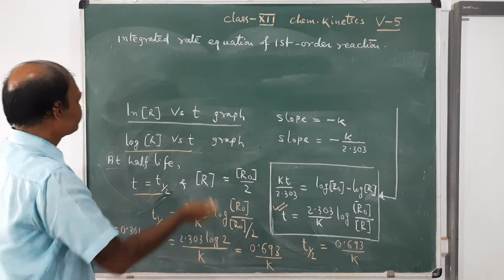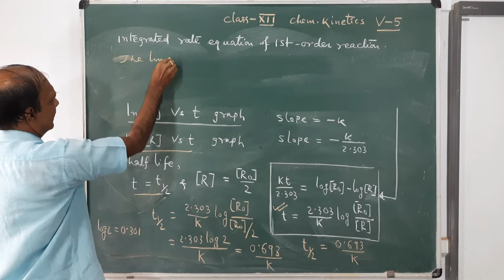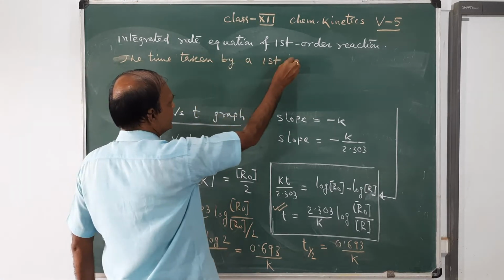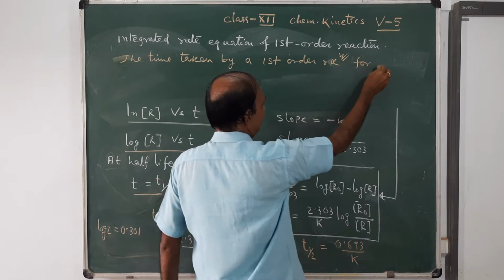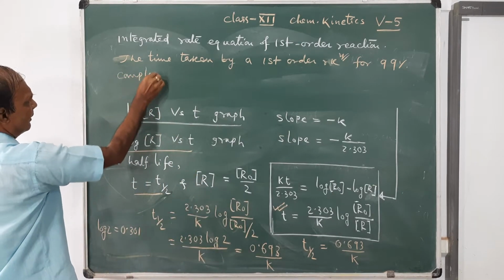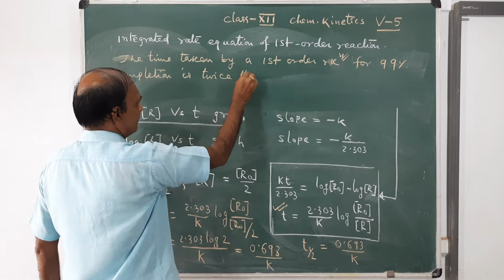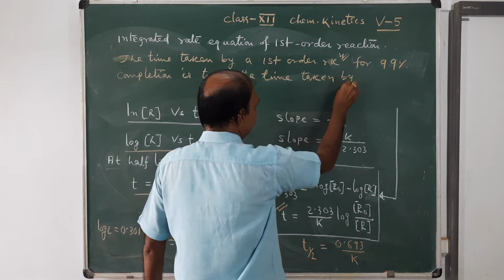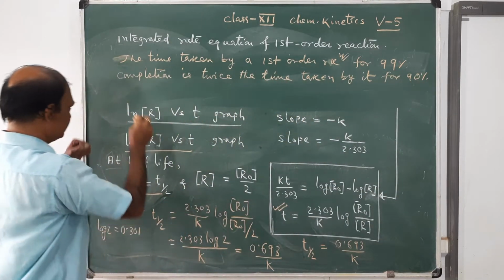The problem is: the time taken by a first order reaction for 99% completion is twice the time taken by it for 90% completion.